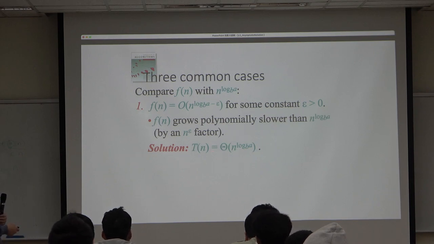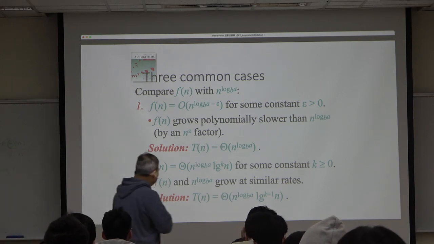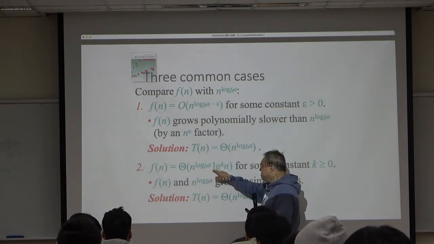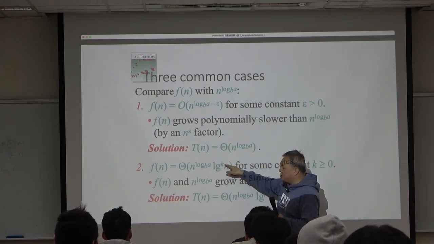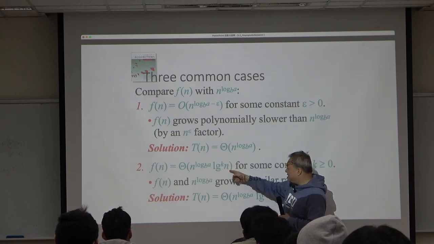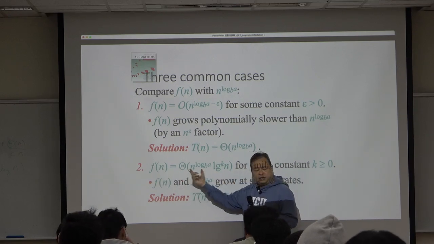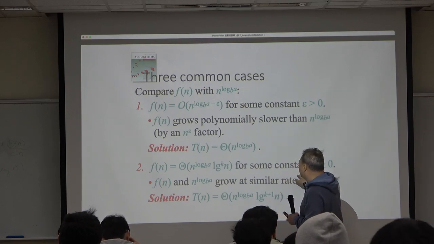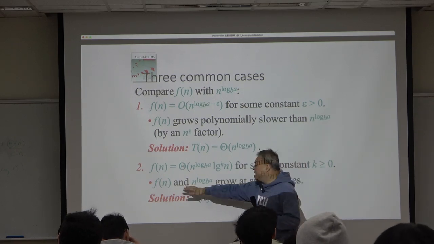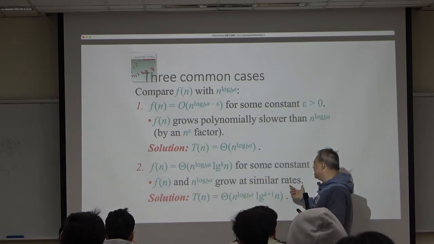On the other hand, if they are the same, that is, f(n) is n^(log_b a) times log^k n, so this one and this one are of the same order, then the merge cost and this term grow at the same rate.